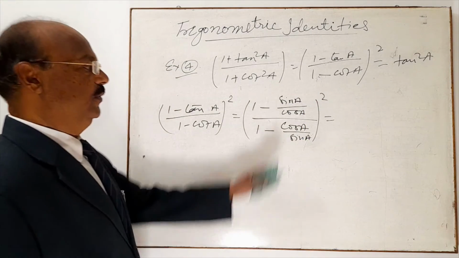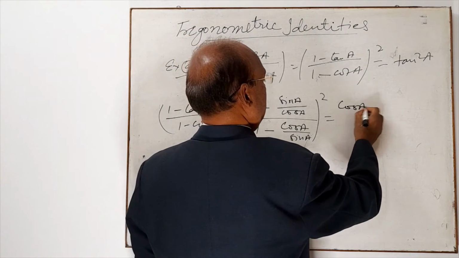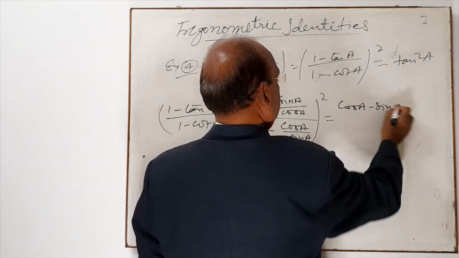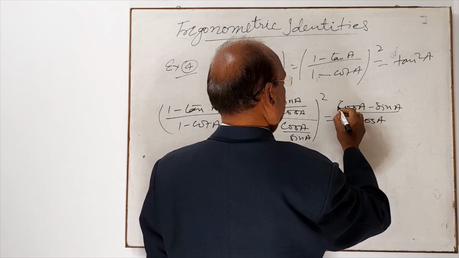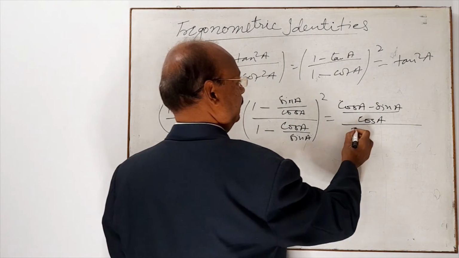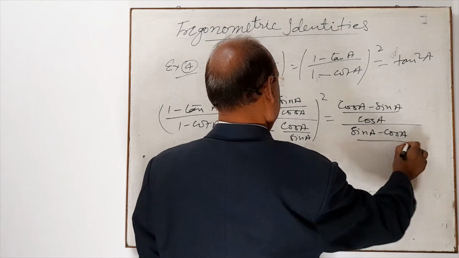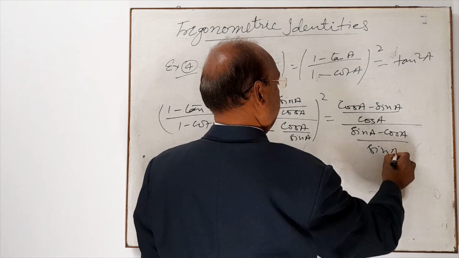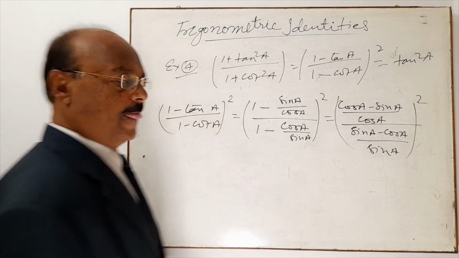And this is equal to, by taking the LCM, we can write ((cos A − sin A)/cos A) whole divided by ((sin A − cos A)/sin A), this whole square.